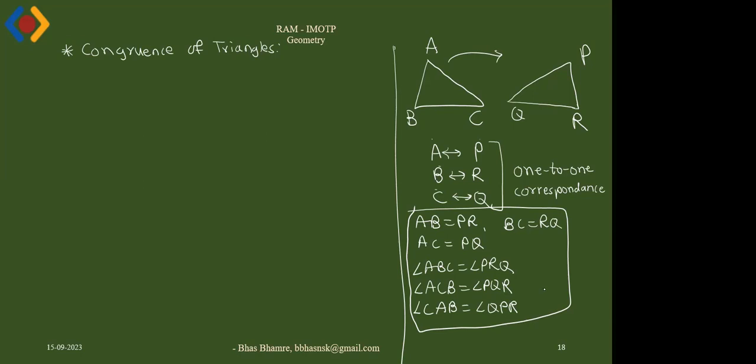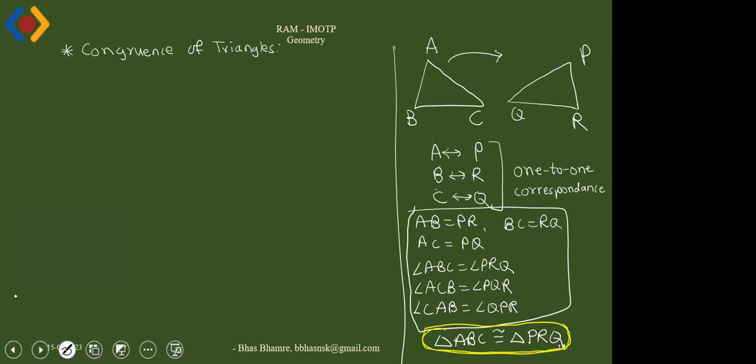When we say superimposing, then geometrically we say that those triangles are congruent, and we claim that triangle ABC is congruent to triangle PRQ. While writing such names, those names should occur in one-to-one correspondence. And one-to-one correspondence goes just because of the equality of their elements.